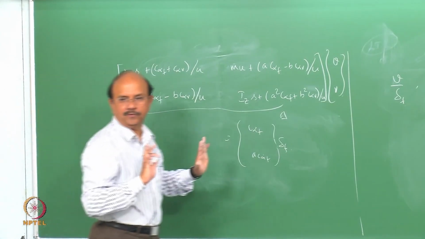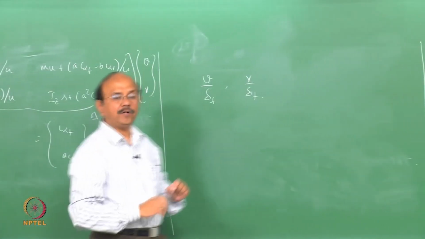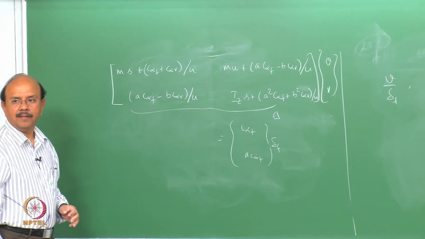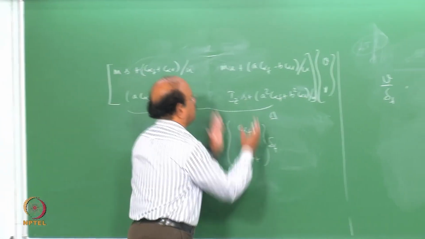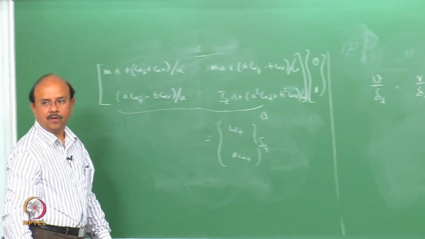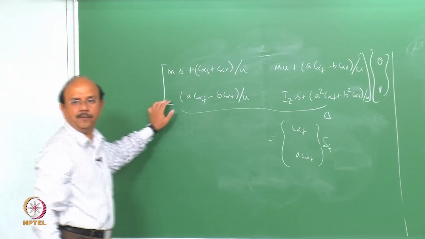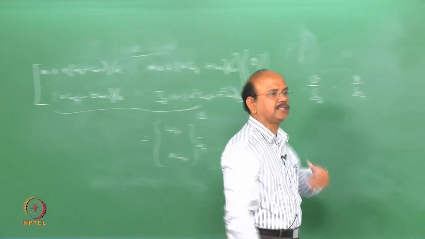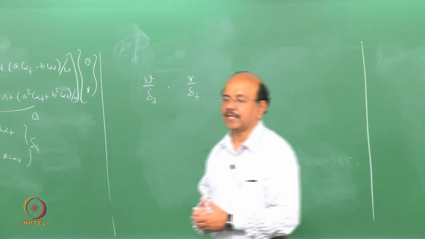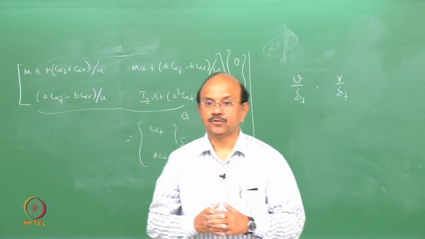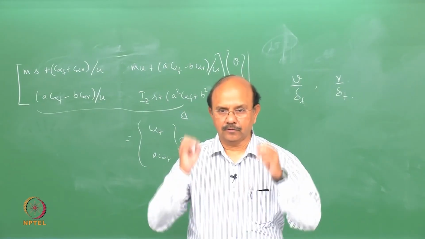This is what we are going to do. If I want R by delta F, then I put this here for that column, retain the other column, and use the determinant of that as the numerator, and the determinant of delta as the denominator. So that is what we are going to do.